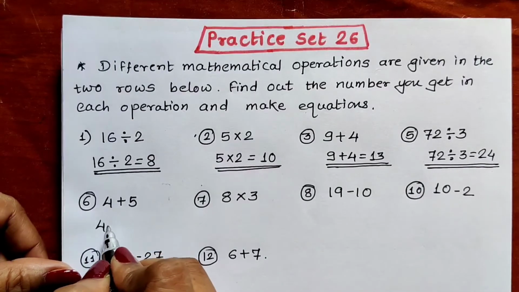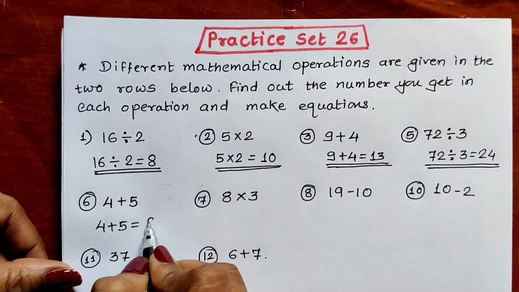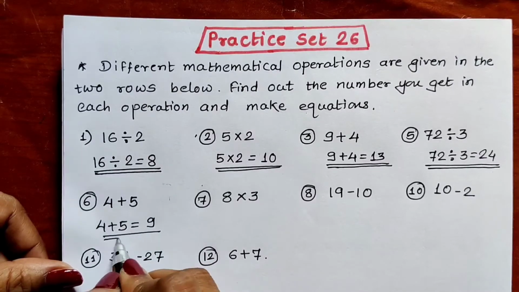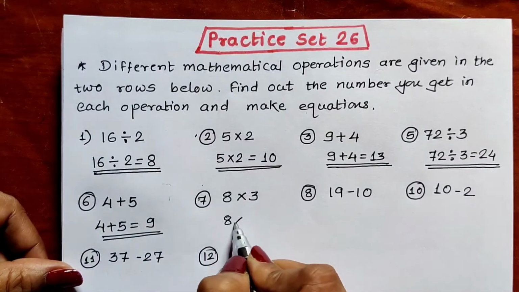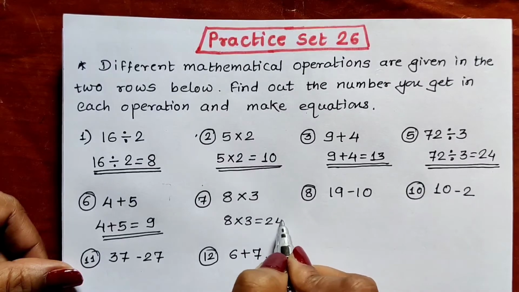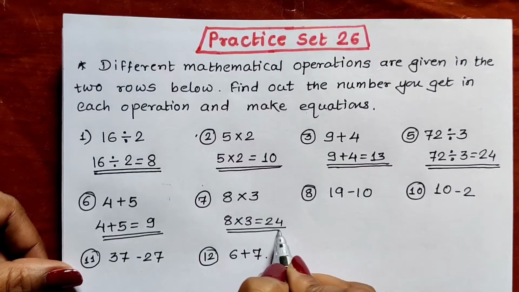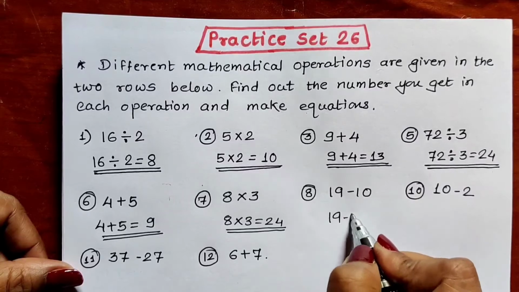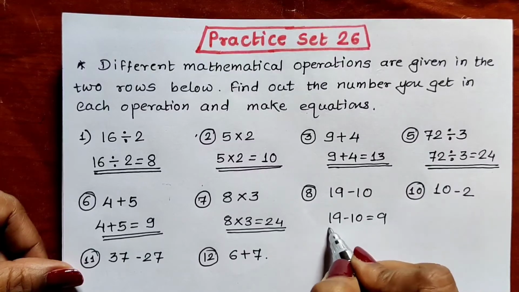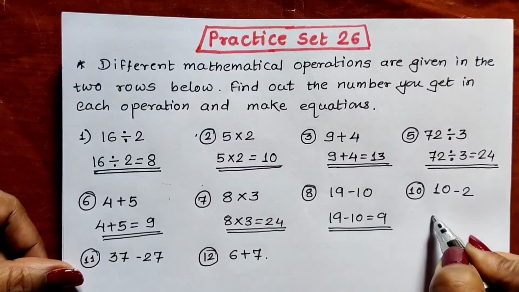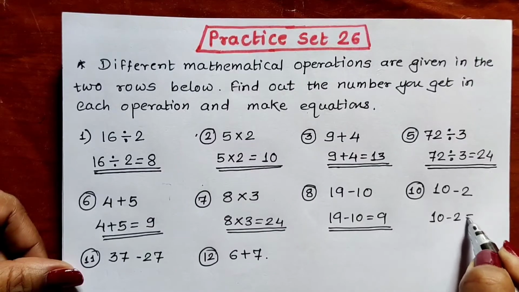Then next, 4 plus 5 is 9. 8 into 3 is 24. 19 minus 10 is again 9. 10 minus 2 is 8.